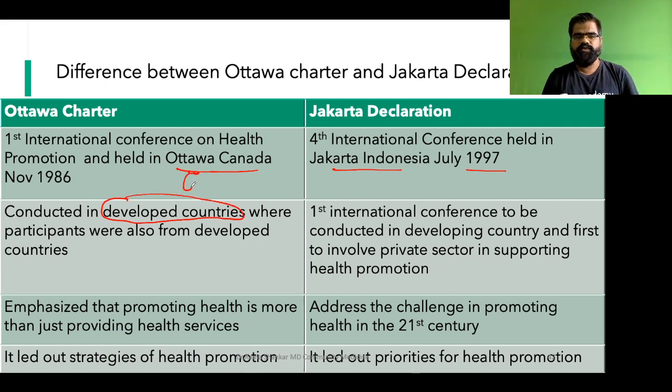So when all the developed countries participate, they are talking about their problems. So the developing country issues were maybe neglected or not taken into consideration. But when this Jakarta Declaration happened, it was conducted in a developing country, so they had their voice, followed by private sector engagement.